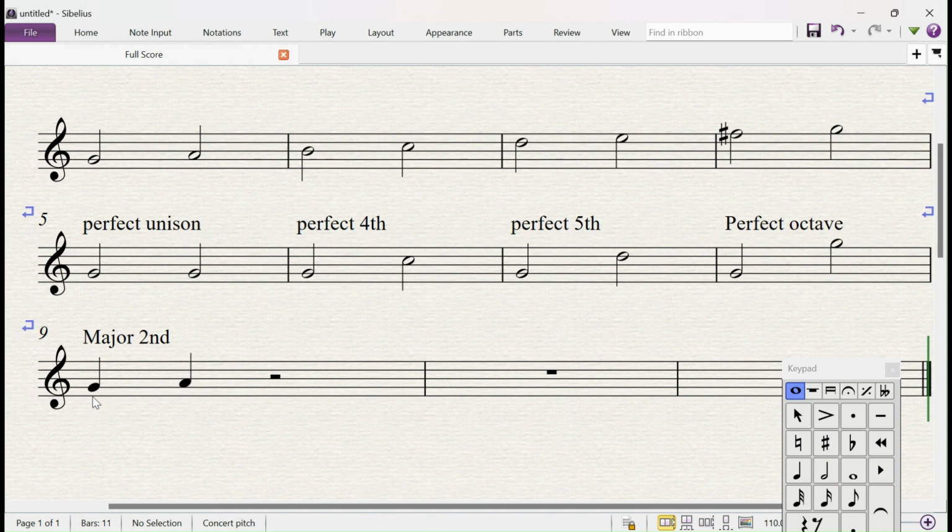That's the interval here between G and A. The interval between G and the third note of the scale, major scale that is, that will be called a major third.